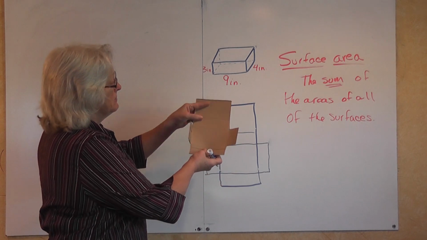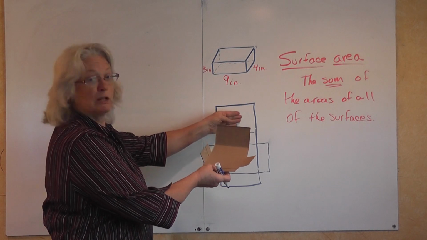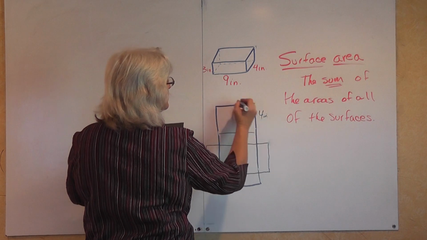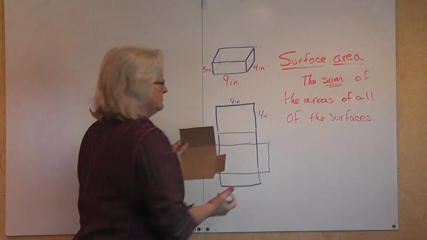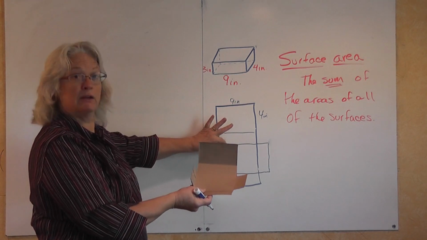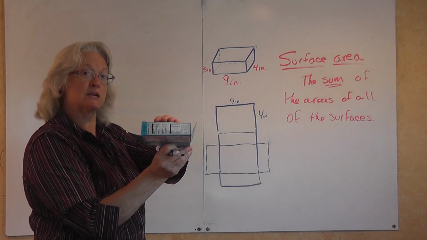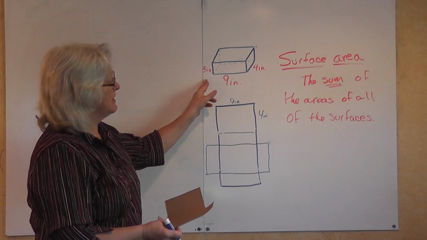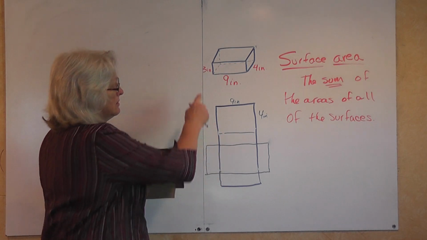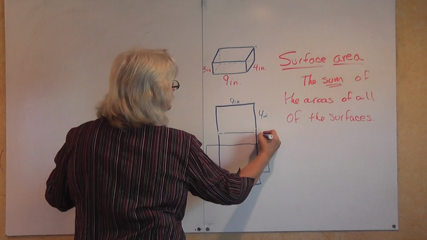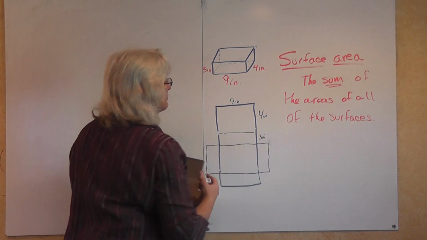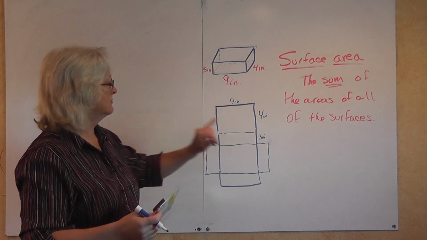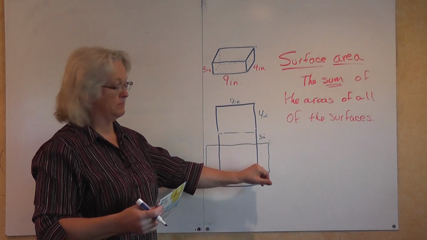The first piece right here, this is the large bottom. So it's 4 inches by 9 inches. This second piece right here, this is the short side of the box. What are the dimensions of that? Well, it's 3 inches high, and it's still 9 inches wide, isn't it? Well, what about right here?